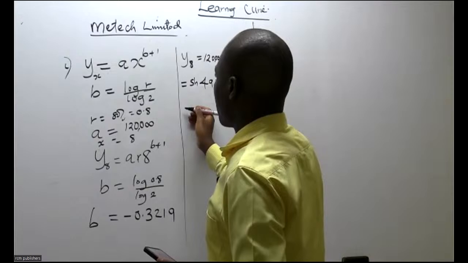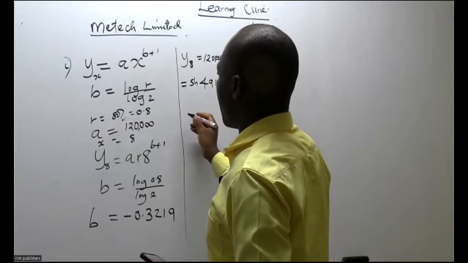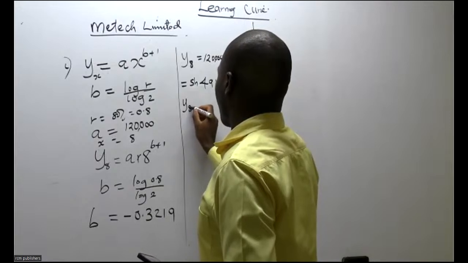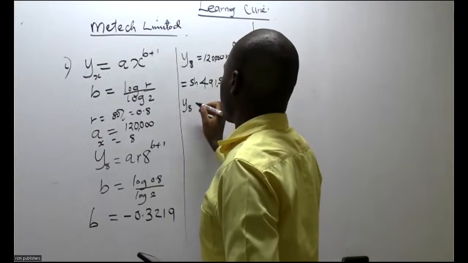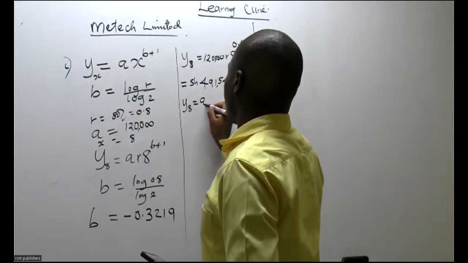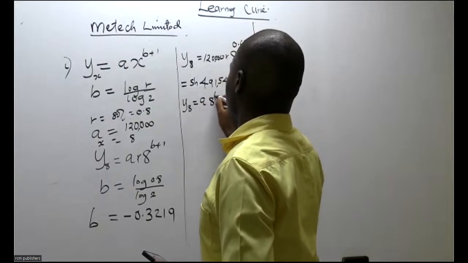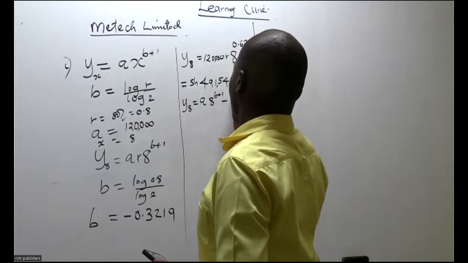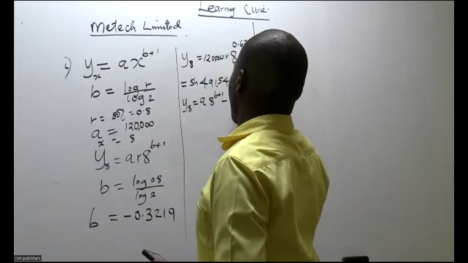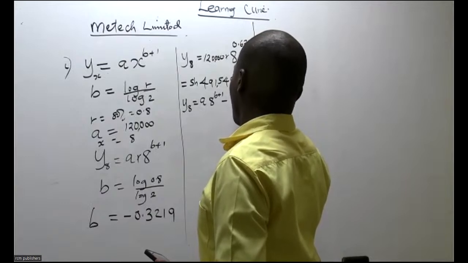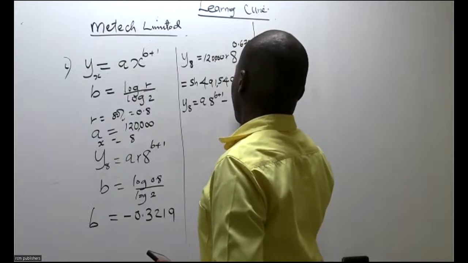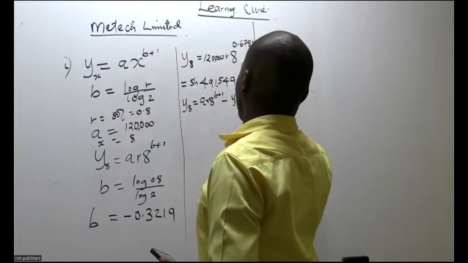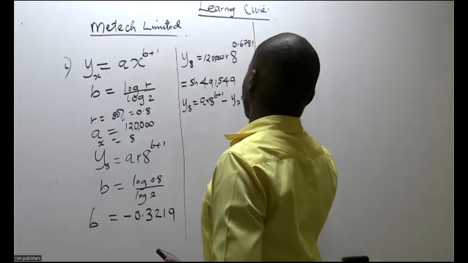The cost of producing the 8th batch will be y of the first 8 batches, which is equivalent to a times 8 raised to power b plus 1, less y at 7, which is equal to a times 7 raised to power b plus 1.